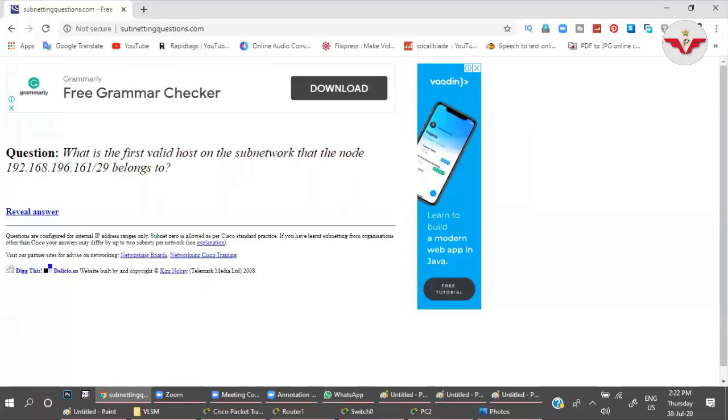Yes, jump is 8. In which octet? Messi, you are saying jump is 8. In which octet? Fourth octet? Yes, sir. What is the value in the fourth octet of the IP address? 161, right?